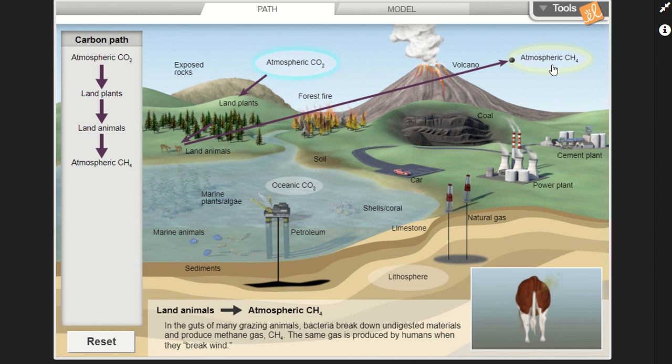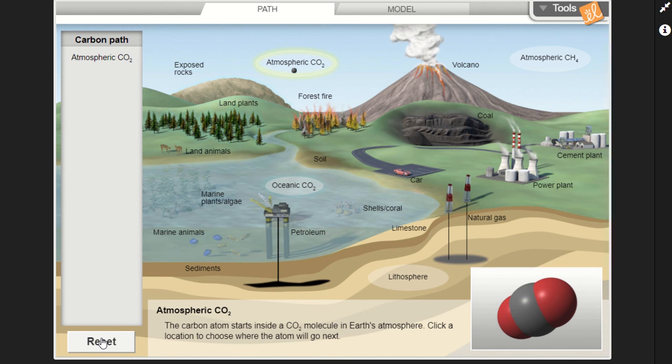All right, so cows make CH4 and CO2. That's how they affect our atmosphere up here. You would never think a cow would affect all of this, but every little thing you do, even when you break wind yourself, you're putting it up there in the atmosphere.